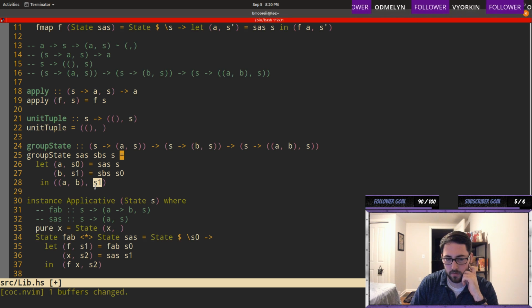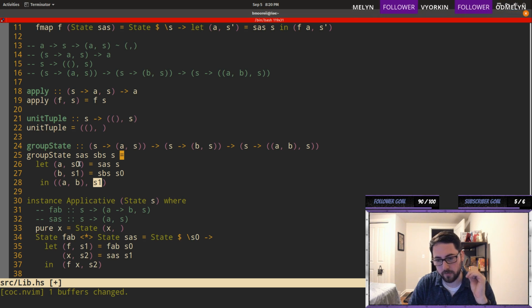Well, I guess you can't return S0, can you? You have to make B S0, A S1, and then it's S1. Just the order changes. I see. But the state is not the same, I presume, if you do it that way. Is that correct? I'm rambling, so I understand this is probably not very useful to you. I'm trying to justify it to myself in words, but it's not working.